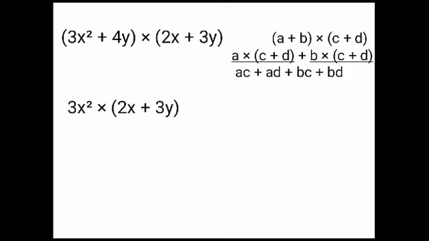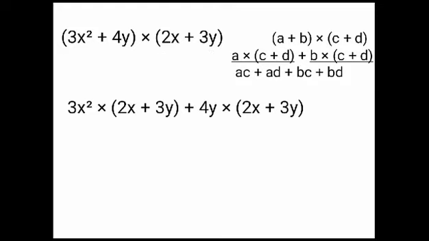3x square into (2x plus 3y) in bracket, plus 4y into (2x plus 3y) in bracket. What is repeating? 2x plus 3y is repeating two times. The second bracket you have to take in multiplication form two times.